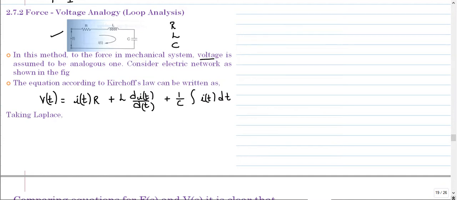Now, this is not enough, we will convert this into Laplace. So how to do that?